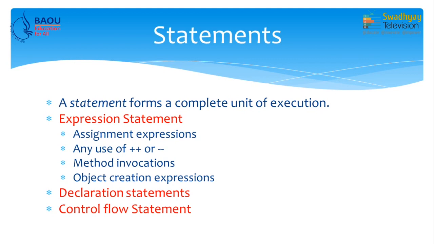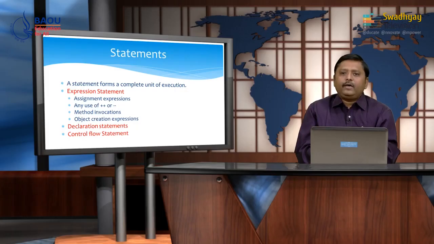And we have declaration statements that we have seen earlier, and control flow statements that we will discuss later on, like if-else ladder, for loop, while loop, switch statement, etc. These control flow statements we are going to discuss in the next session, but we can say a statement is a unit of execution and we can classify statements based on what they do.